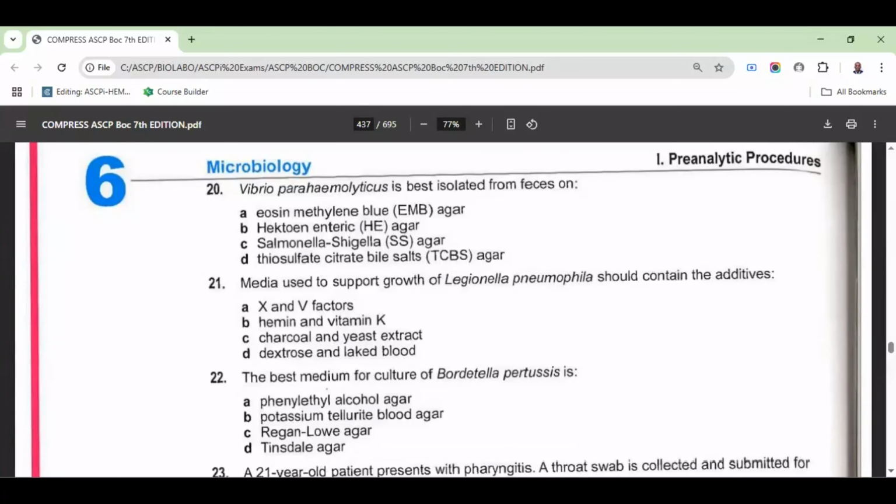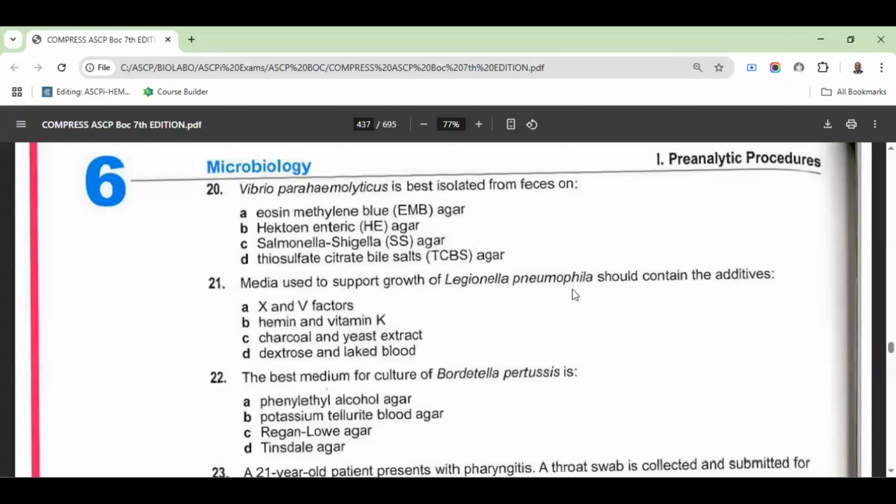Then we have question number 21. We have been talking about Legionella many times.